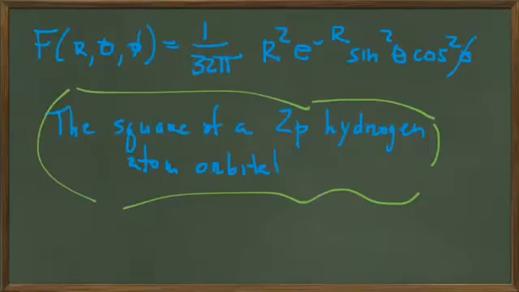So if we look at this complicated looking function here, f of r, theta, phi, which is the square of a 2p hydrogen atom orbital, and we integrate that over the entirety of space, let's find out what we get.